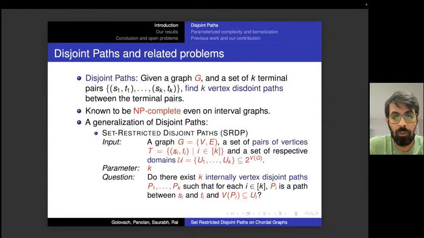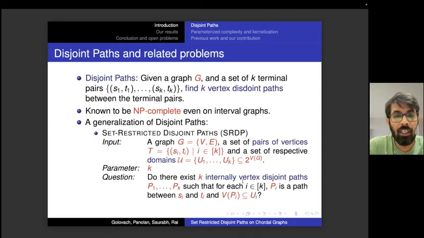P1 is a path between S1, T1, P2 is a path between S2, T2, and Pk is a path between Sk, Tk, such that they are vertex disjoint and the vertex set of each of the paths comes from the respective domains. So the vertex set of P1 is a subset of U1 and so on. The vertex set of Pk is a subset of Uk.